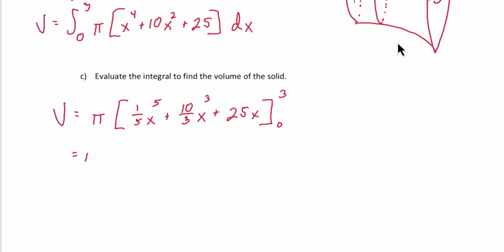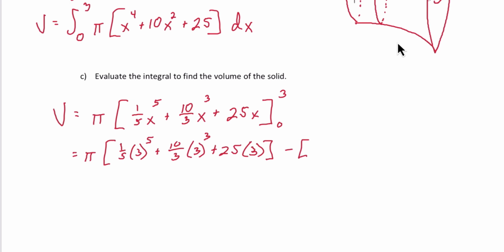Now we plug in our limits. Start by plugging in the upper limit. Every time you see an x, we'll just plug in 3. And then we need to also plug in the lower limit.